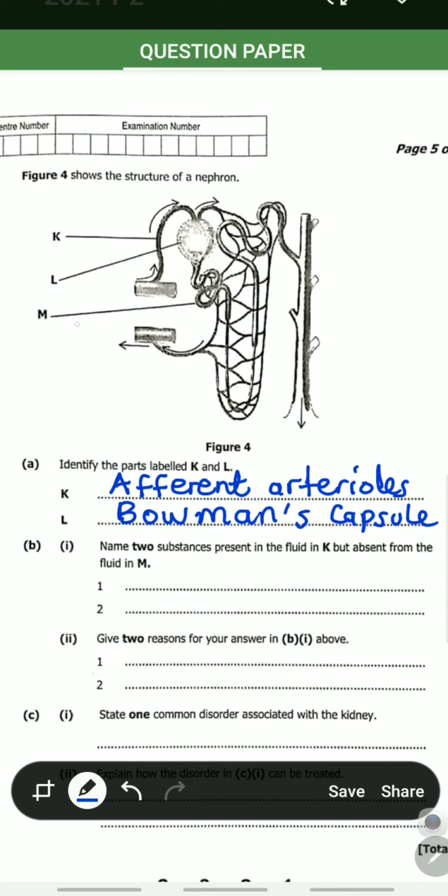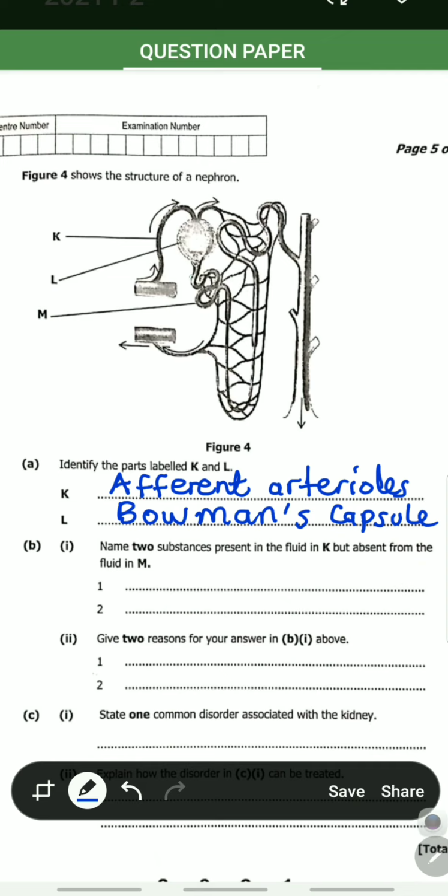But there are some of the substances mentioned here that move in the afferent arterioles that are not found in M. And these substances are not found in M because they are too big to be filtered off during ultrafiltration in the Bowman's capsule there.